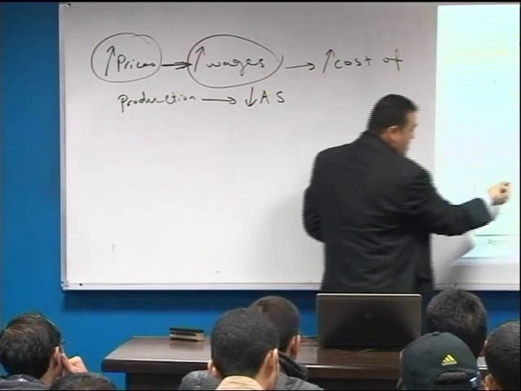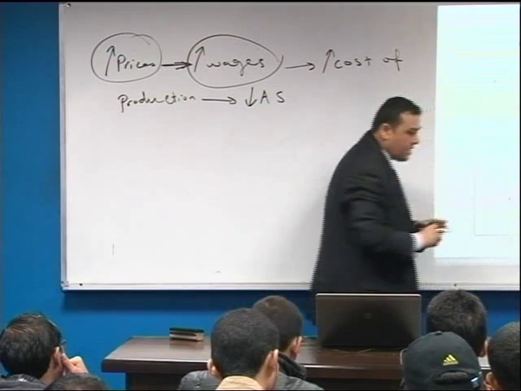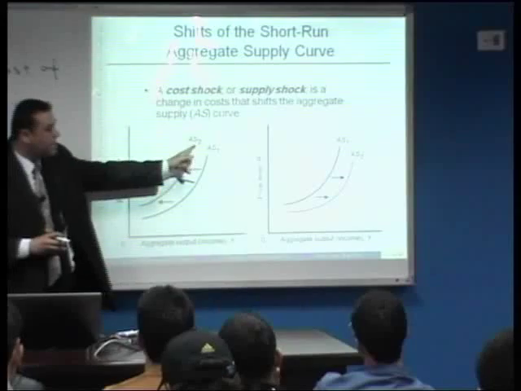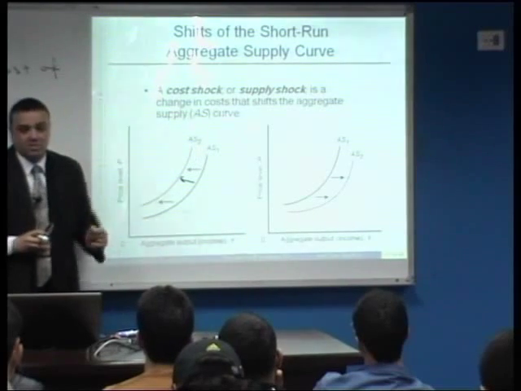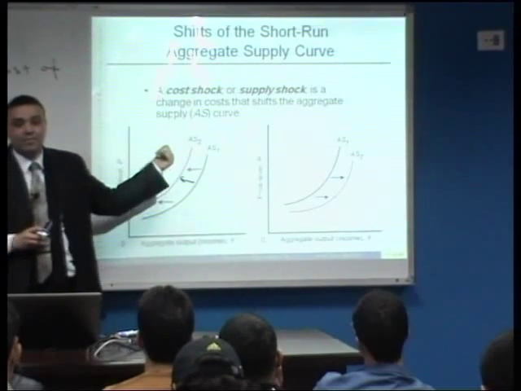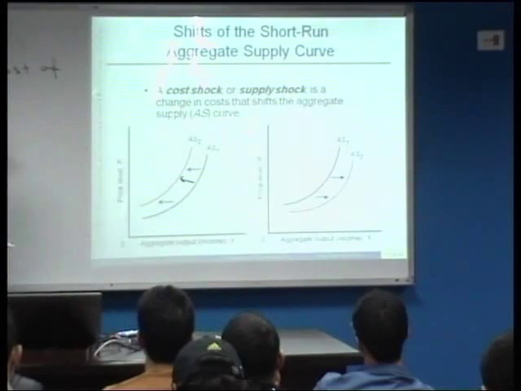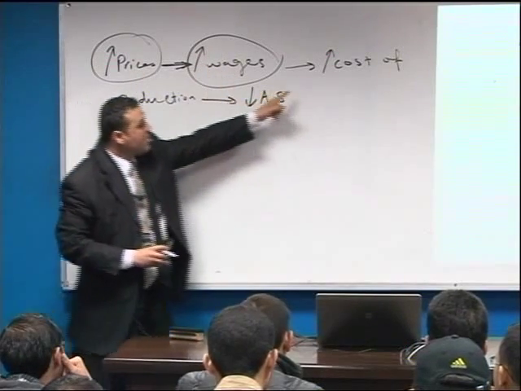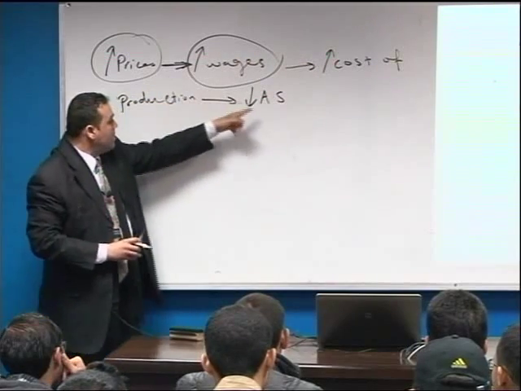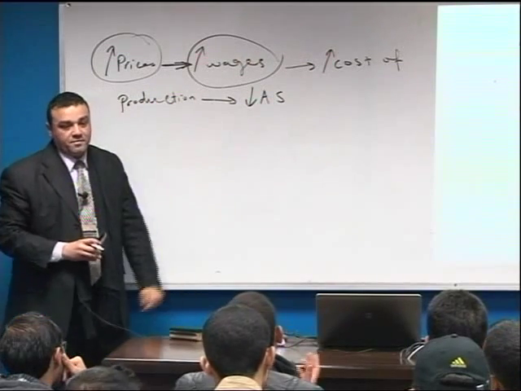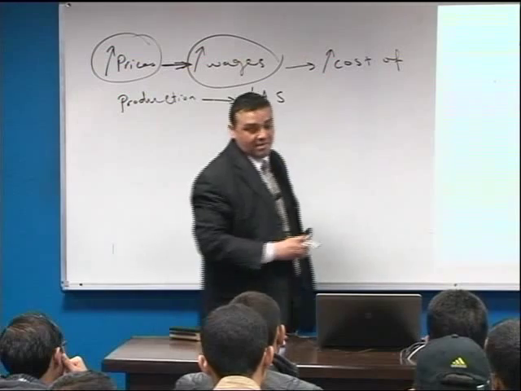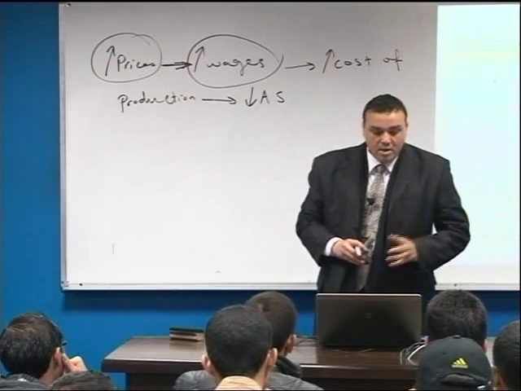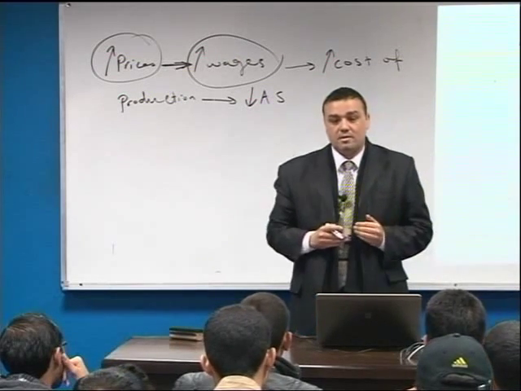Here, as you see, there is a leftward shift in the aggregate supply curve from aggregate supply 1 to aggregate supply 2. Decreasing هذا من وين اجى؟ نتيجة انه the prices طلع, the wages increased, the cost of production increased, so the aggregate supply curve declines or will shift to the left. هذا بسموه اللي هو cost shock.